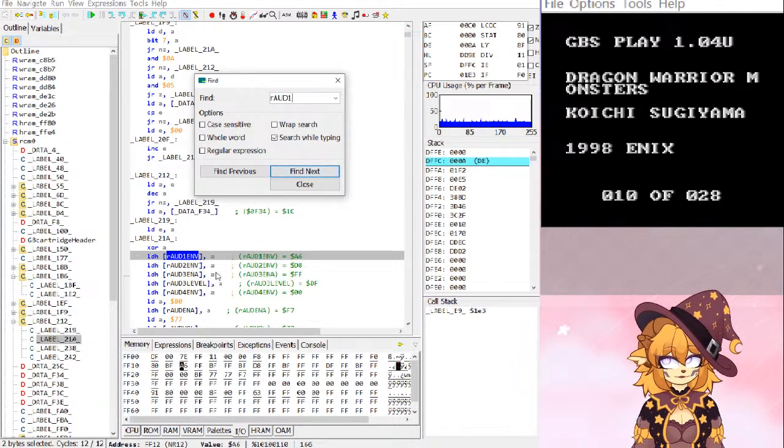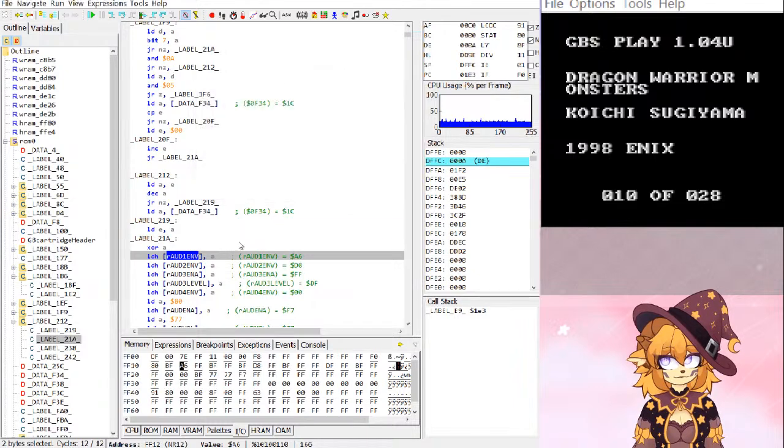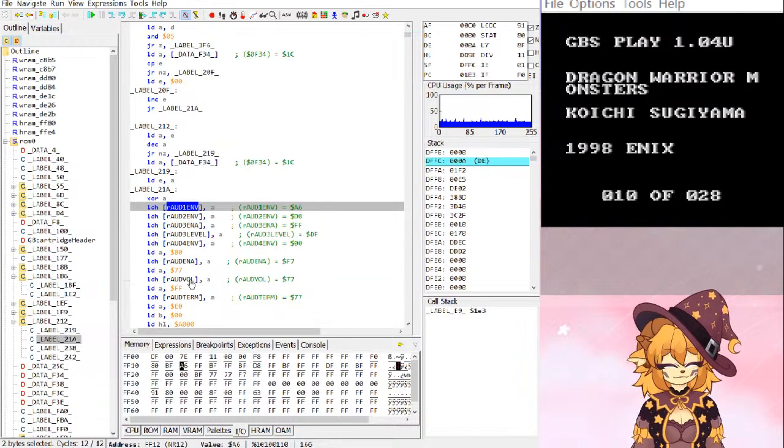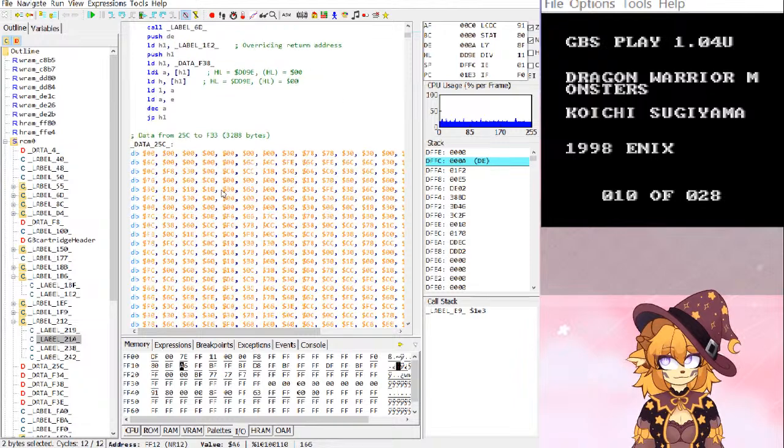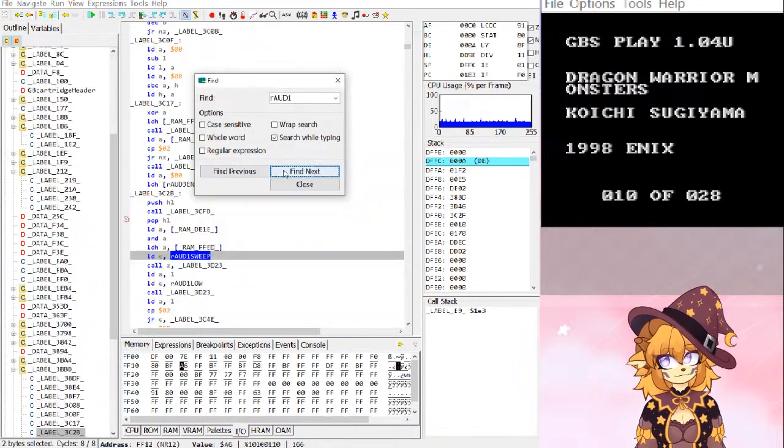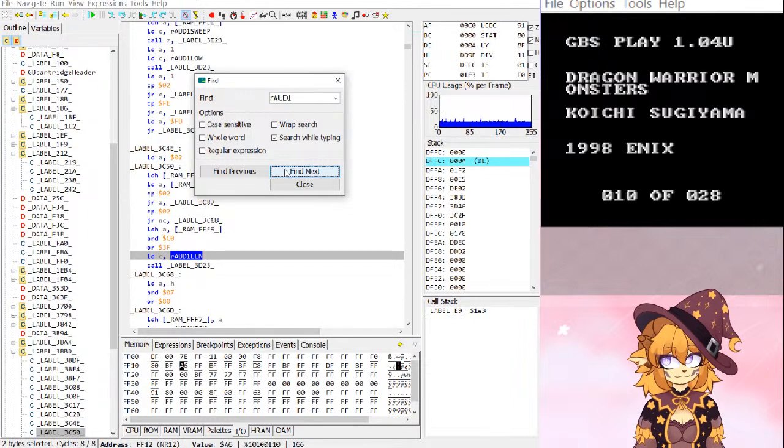Those are all the other channels, though. See if I can find NR11 sweep, NR11 low.